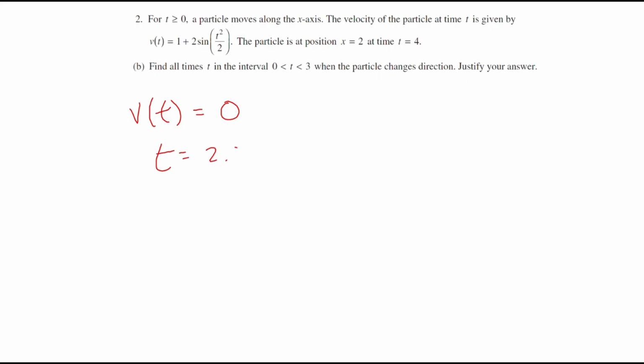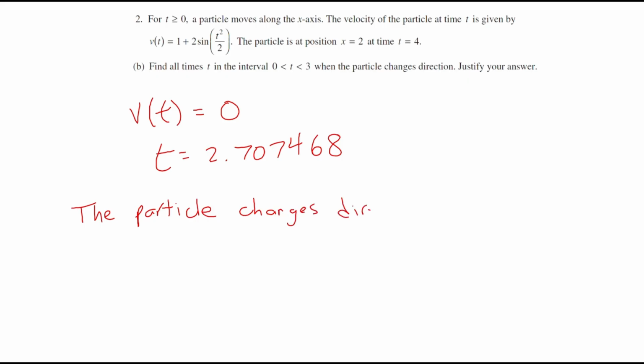So we'll put that down, 2.707468. And we will say here that the velocity, or the particle, changes directions. So the particle changes directions at t equals 2.707.